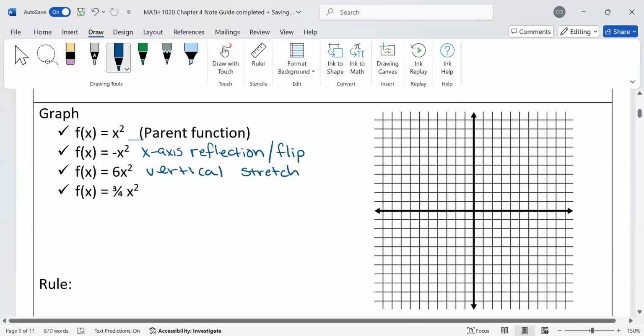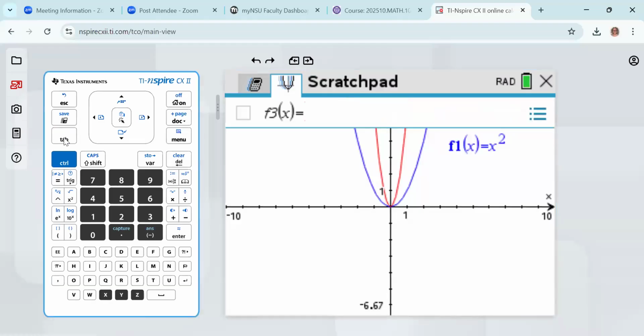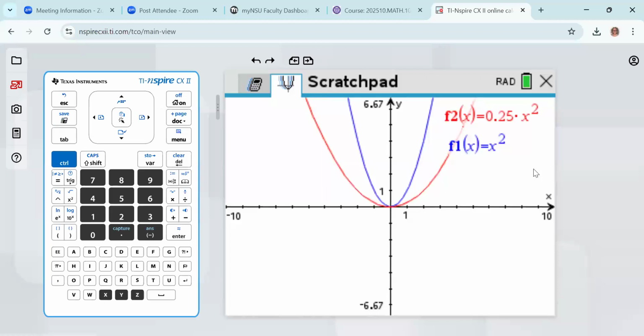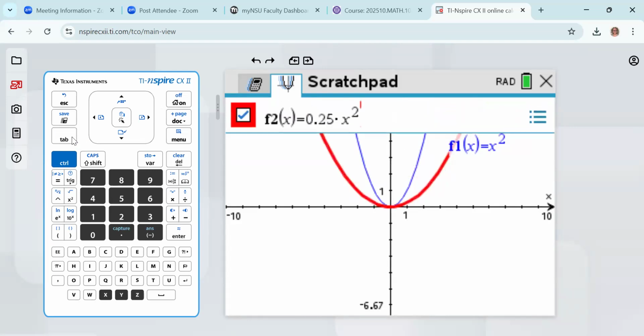All right, so now we have one with a 3/4 x squared. So we're looking at numbers that are less than 1. 1/3 doesn't give us a good picture, so I'm going to take it down to 1/4. So what happens is it makes it wider. So let's just make this smaller than 1/4.